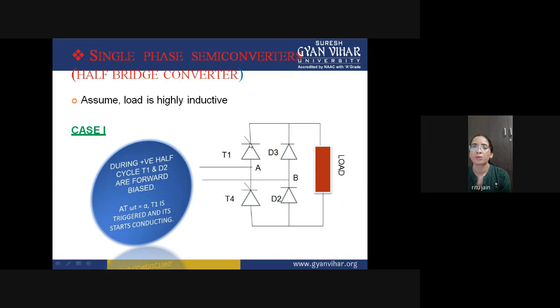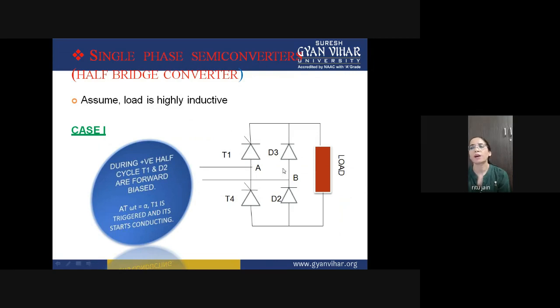So you have to apply some gate pulse through this gate terminal to the thyristor T1. For the positive half cycle, T1 will be in forward blocking state and T4 will be in reverse blocking state. So it is easy to apply a gate pulse over here, and T1 will go from forward blocking state to forward conduction state.